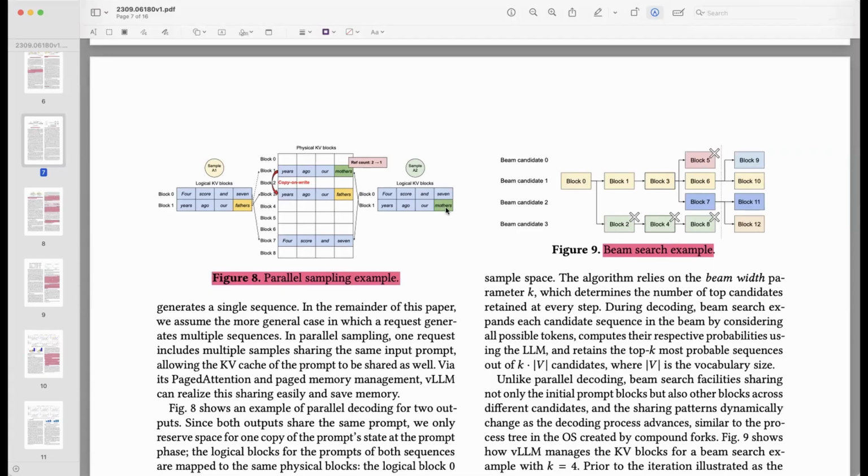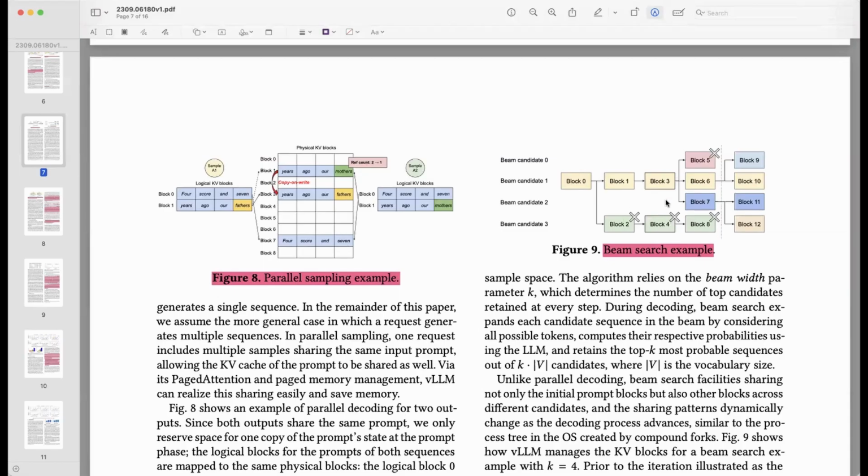The moment you decode two of them, block 0 is common across the two candidates, but you have block 1 and block 2 separate. Then you keep decoding and generating blocks, and at some point in the beam search you will start losing candidates and only choose the promising candidate.